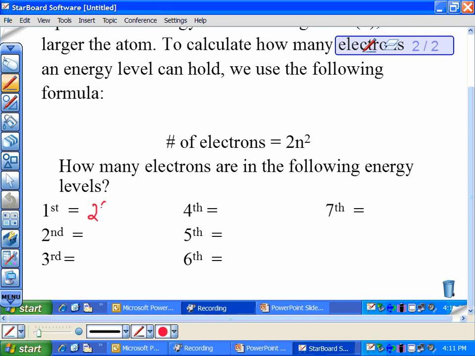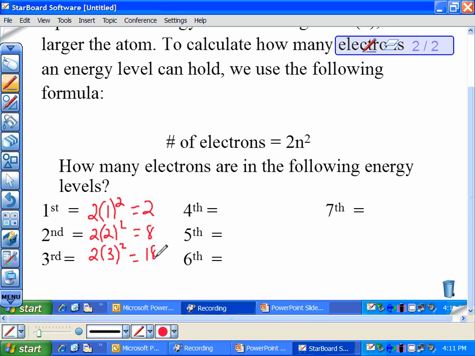For example, instead of putting n, you would put a 1 for first energy level. And you always square the number first, so 1 squared is 1 times 2, and the first energy level can hold 2 electrons. If we do that for the next one, 2 squared is 4, 4 times 2 then is 8. If we do it for the third energy level, 3 squared is 9, 9 times 2 is 18.